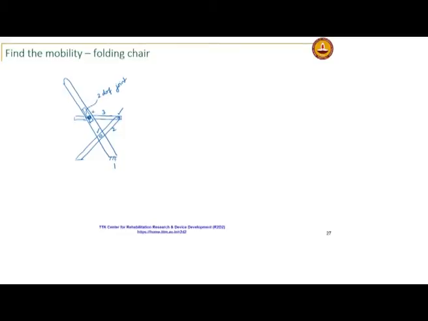So, say you denote that by Nx. So, now you have n equal to 3, J1 equal to 2, J2 equal to 1. So, what is my mobility? So, I get a single degree of freedom mechanism.